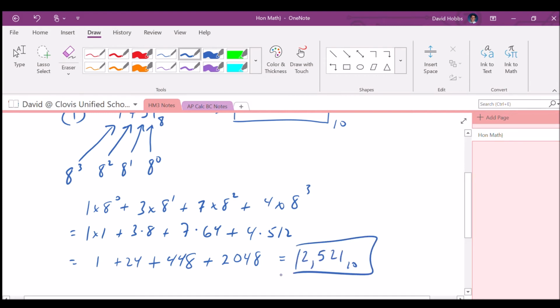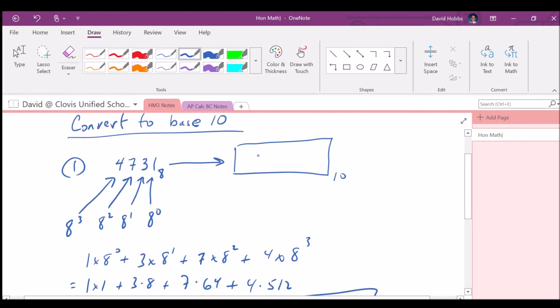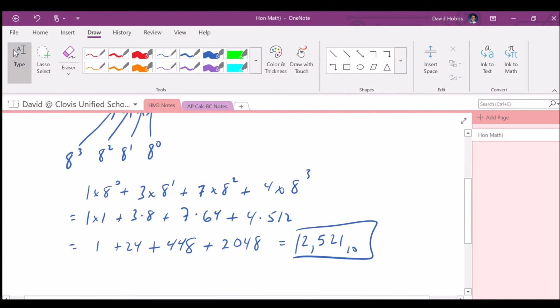This is base 10, because we converted it into base 10 that way.